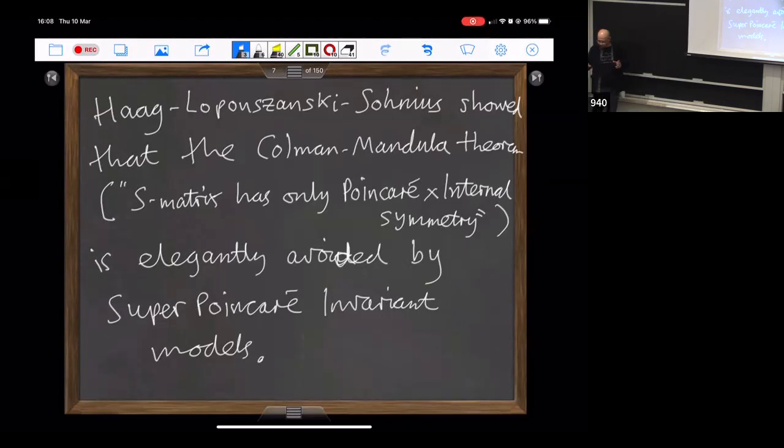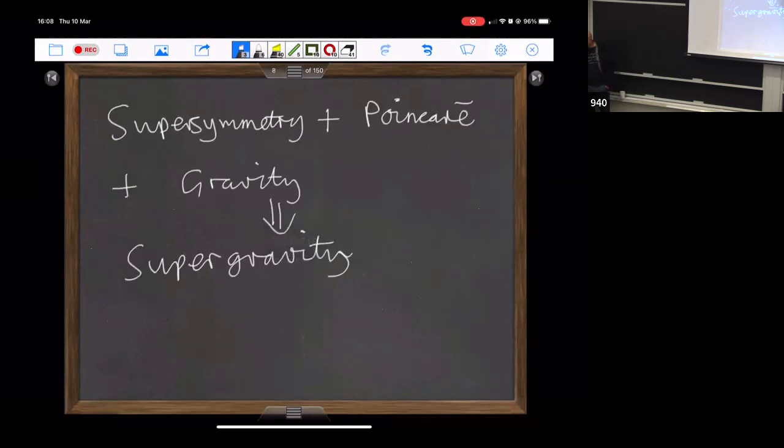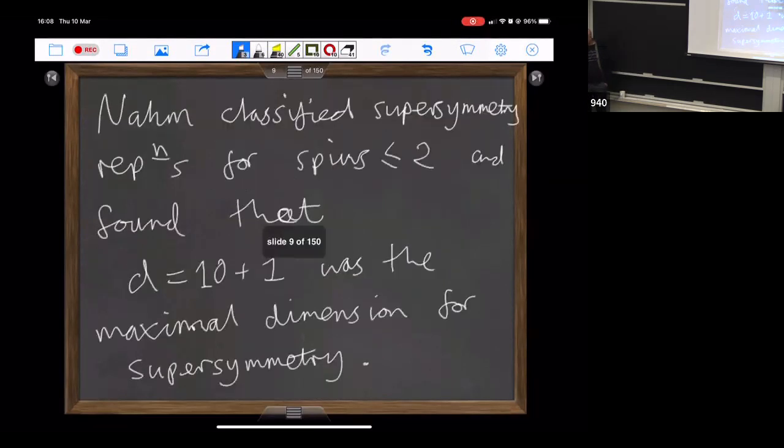And part of the standard lore is that this is essentially the only way in which Poincare symmetry, on which this Lagrangian is based, can be extended in a non-trivial way. Okay, so that leads to supergravity theories, and supergravity theories are described by superalgebras.